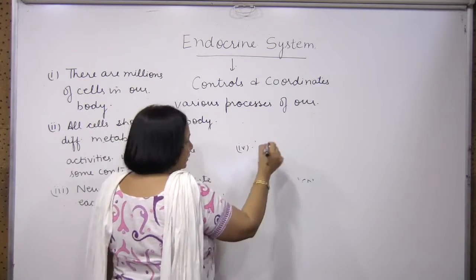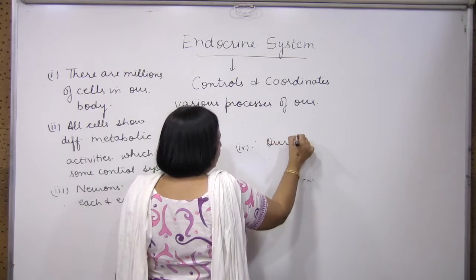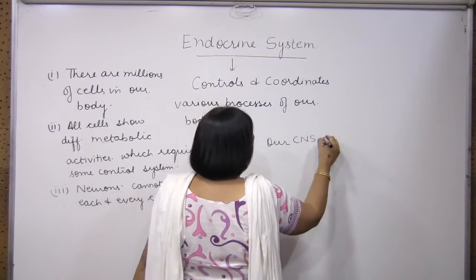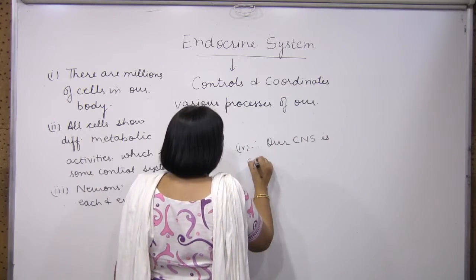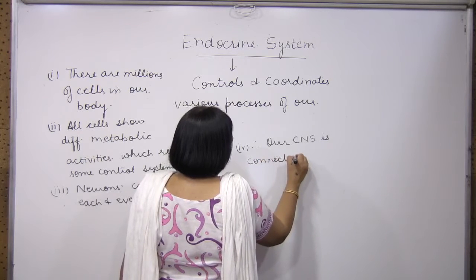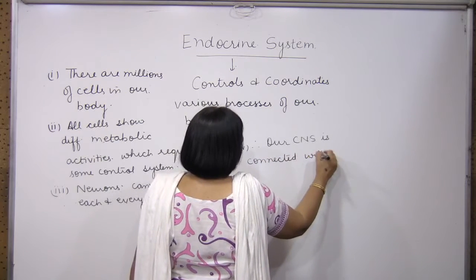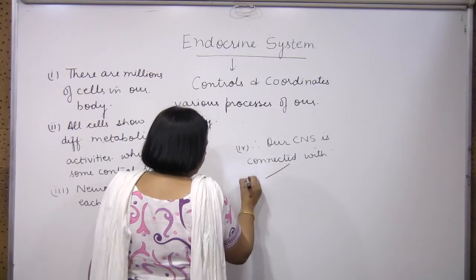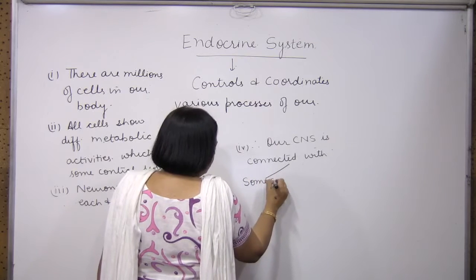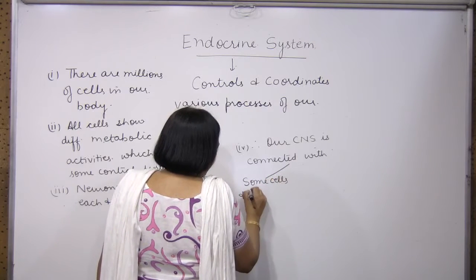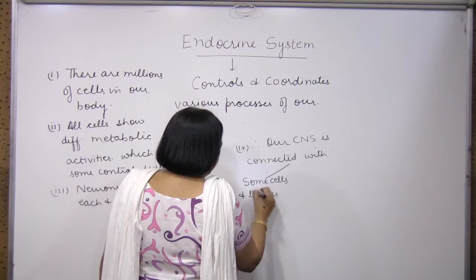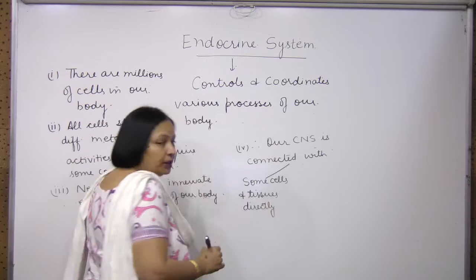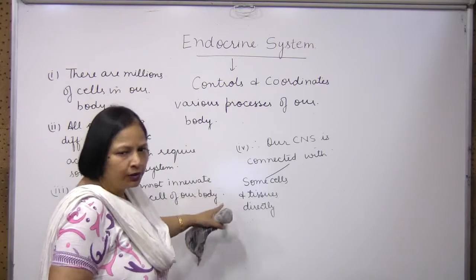Therefore, our CNS is connected with some cells and tissues directly. We had discussed it earlier, but not all the cells.